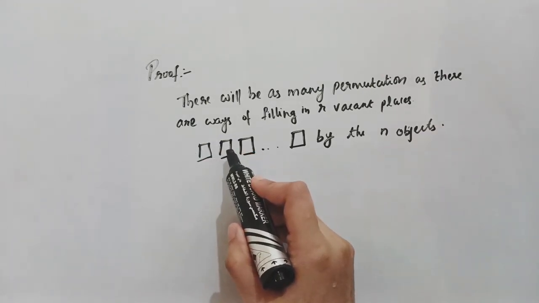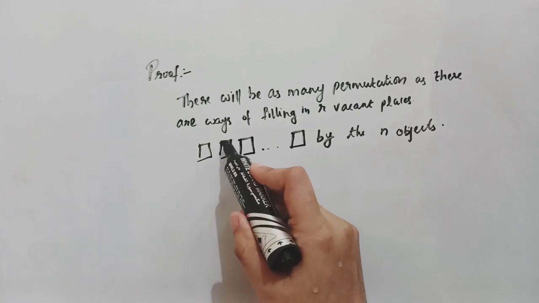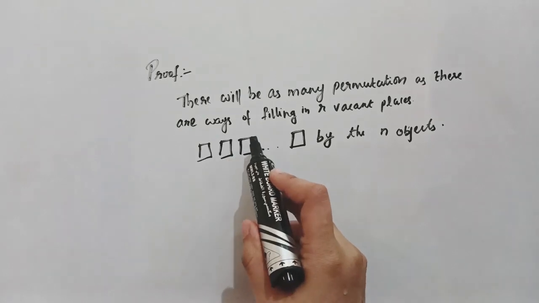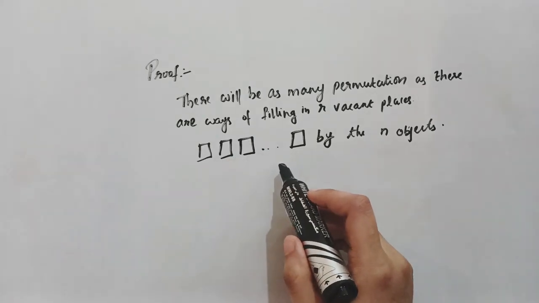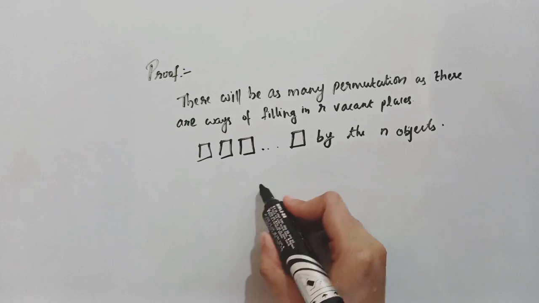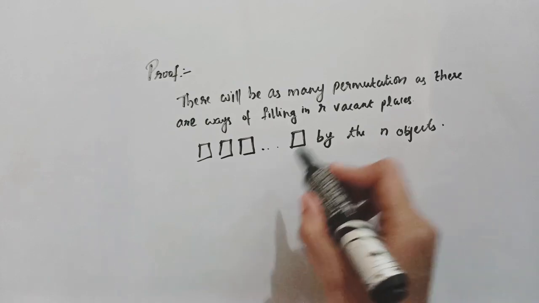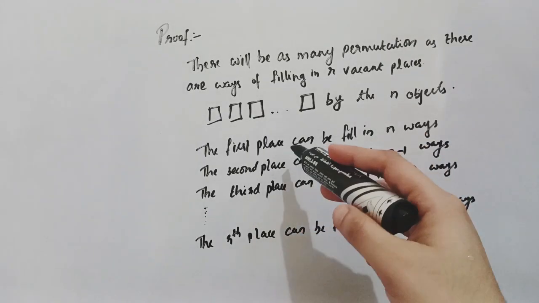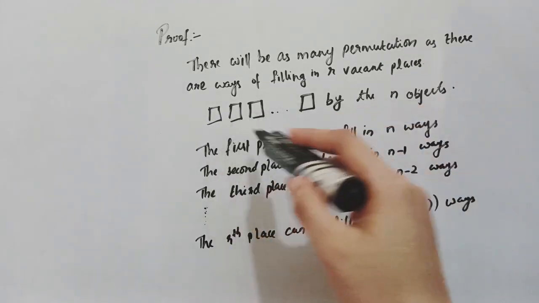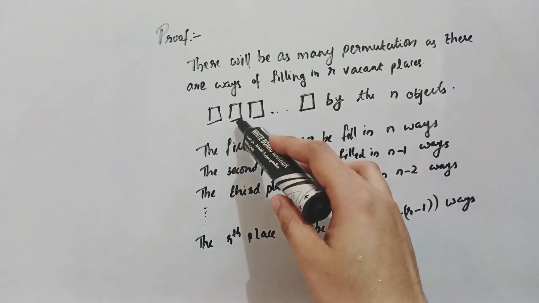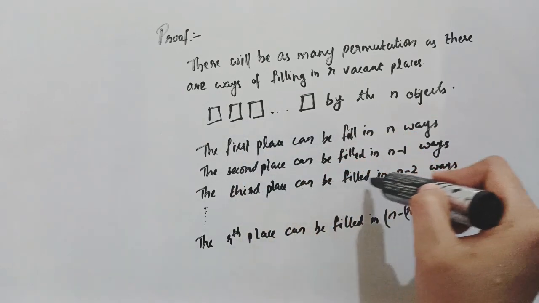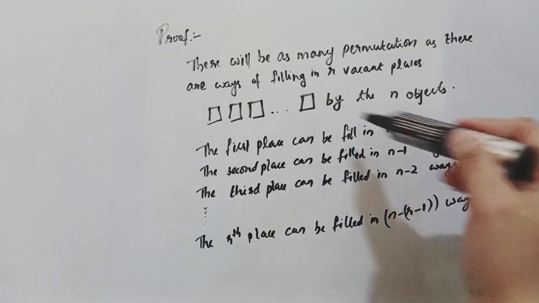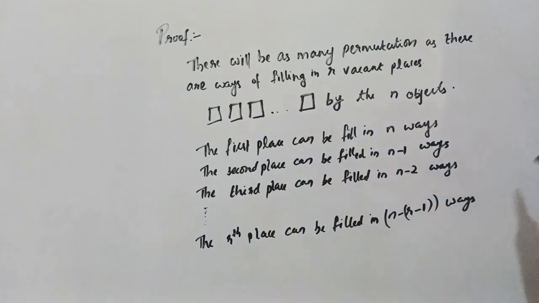The second place can be filled in n minus 1 ways. Following, the third place can be filled in n minus 2 ways. And the rth place can be filled in n minus r minus 1 ways. That we wrote here: first place can be filled in n ways, second place in n minus 1 ways, third place in n minus 2 ways, etc. The rth place can be filled in n minus of r minus 1 ways.